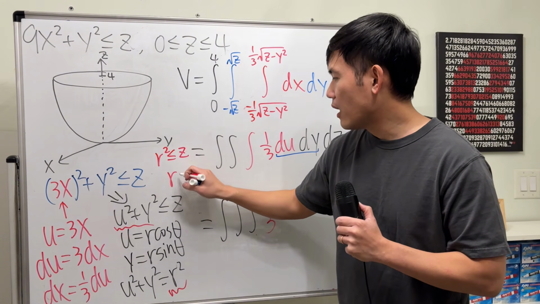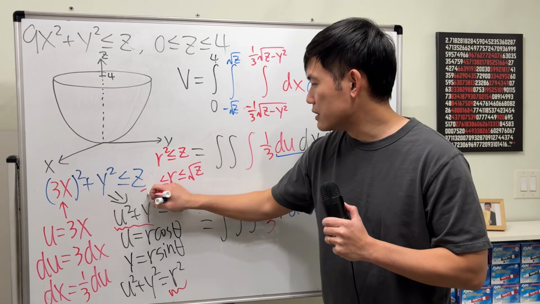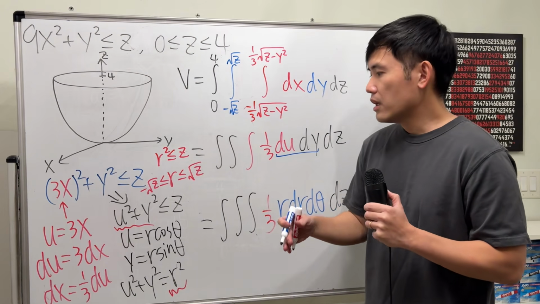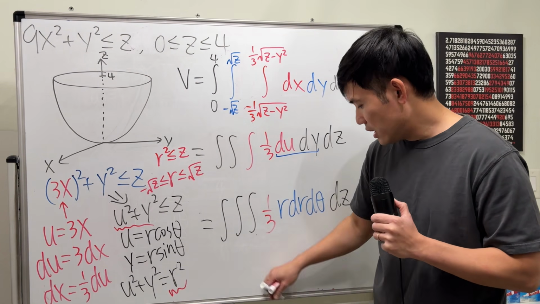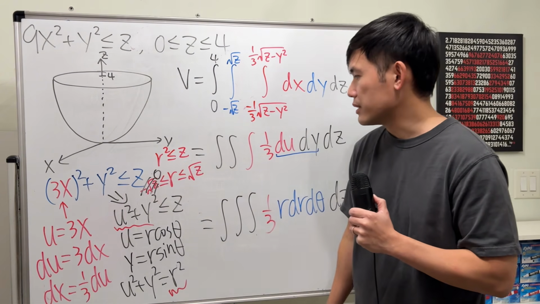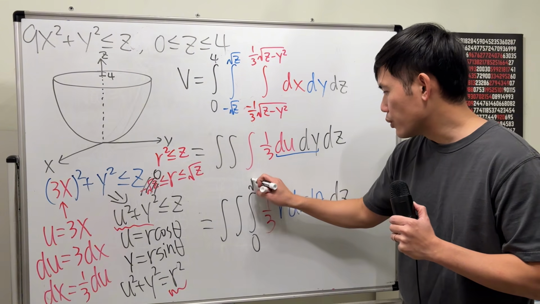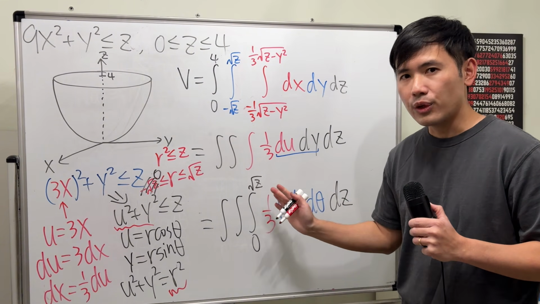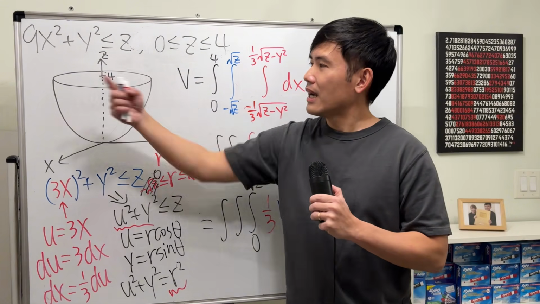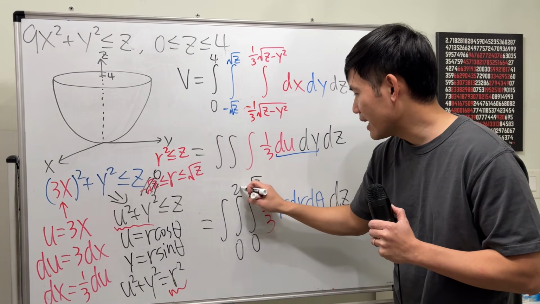We get r is in between negative square root of z and positive square root of z. However, we can make r non-negative, so I'm just going to put a 0 instead. I want r going from 0 to square root of z. That's okay, because for theta, we are having one full revolution. All I need is going from 0 to 2 pi.